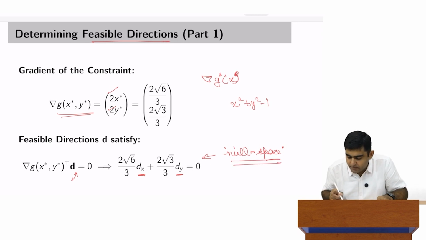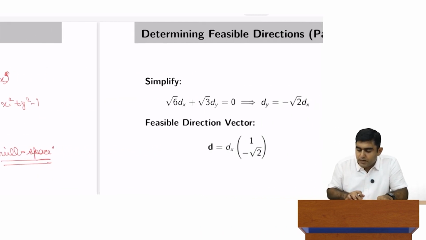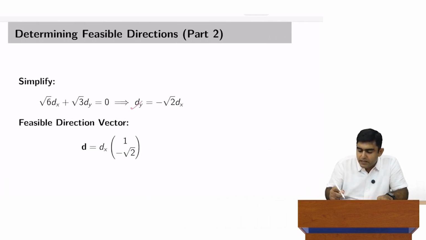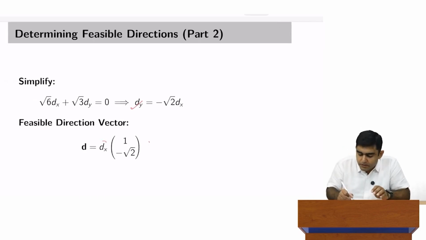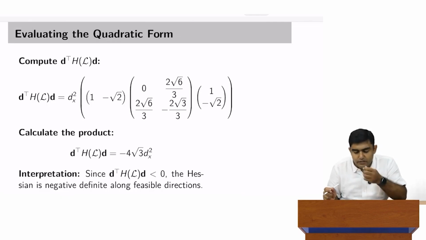We equate this to 0 and express dy in terms of dx. So, our D matrix now can be written in the form D is equal to dx times 1 and the second element becomes minus root 2. Again, when we multiply, we will try to see how this dx appears in that, what sign we are getting, and so on.